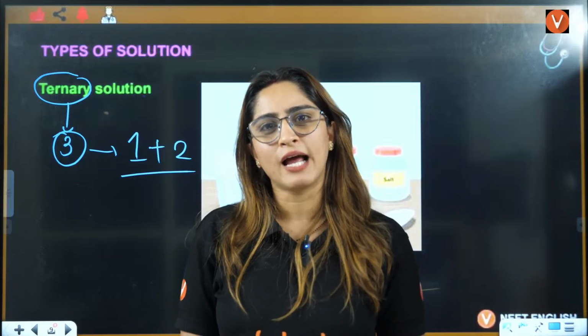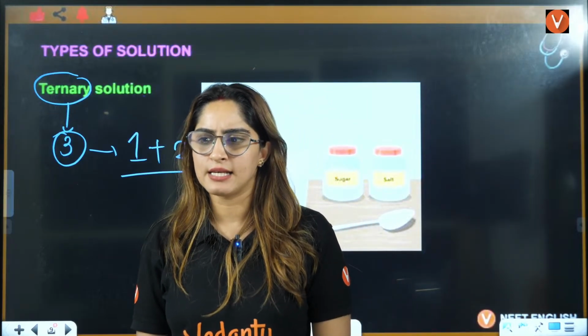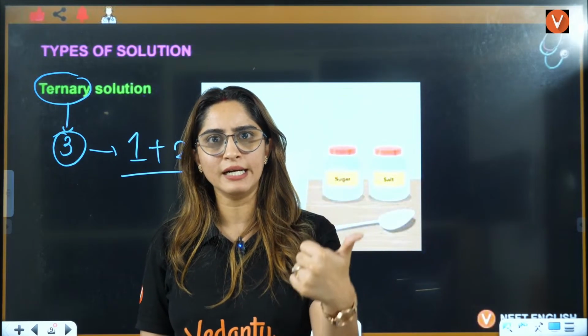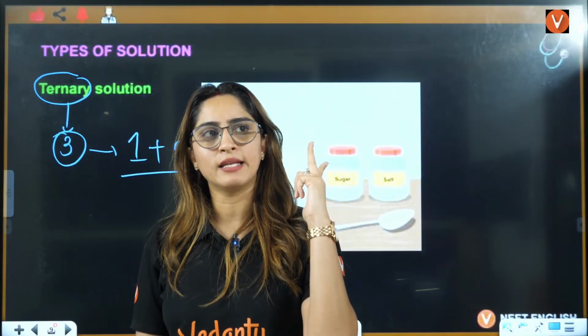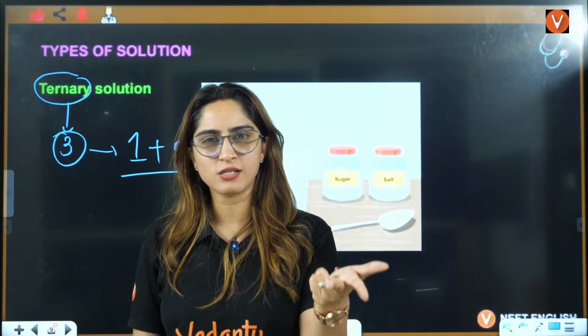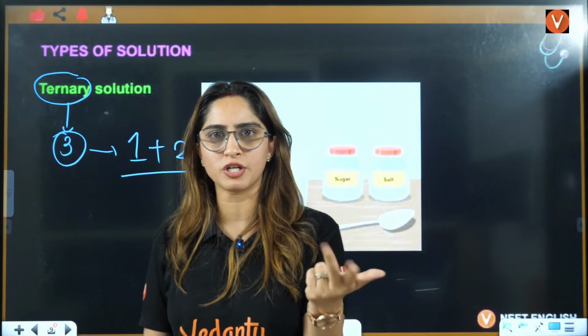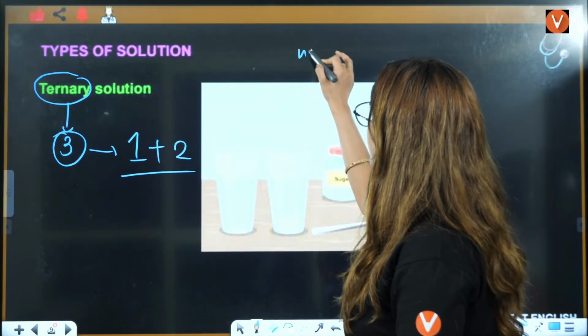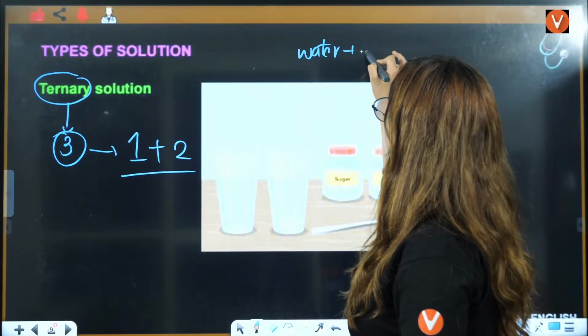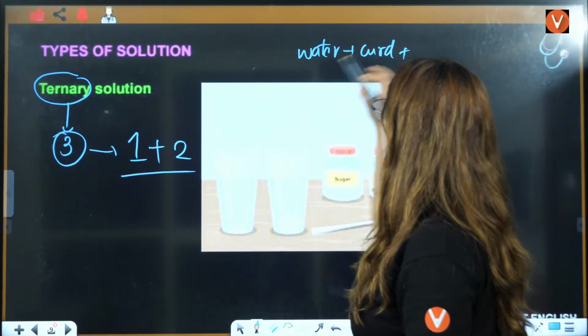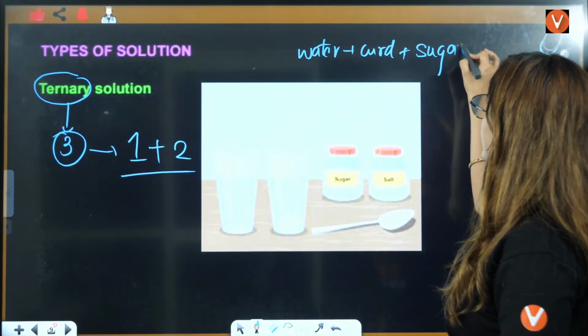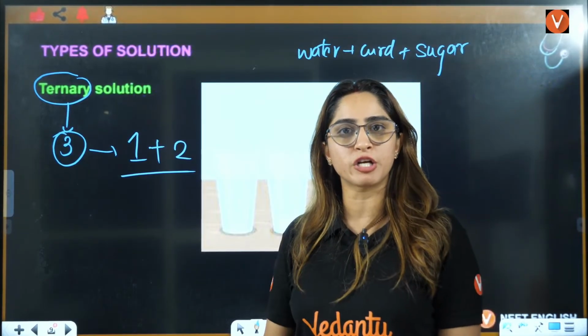In my daily life, the drink I mix is curd, water, then sugar. That is a ternary solution. Why? Because I have water, then I am mixing curd, then I am mixing sugar into it.